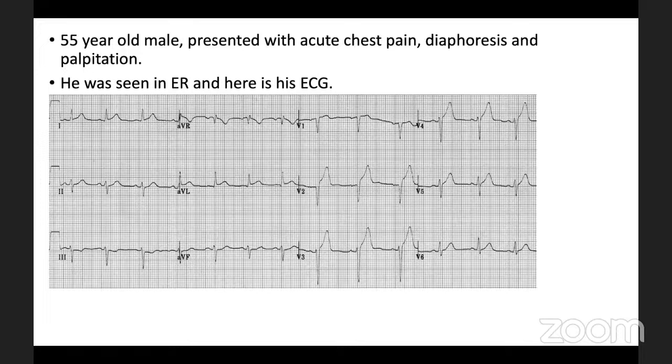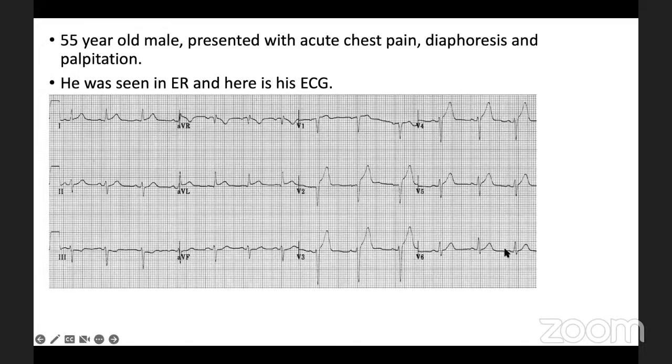Okay, so where exactly do you see the most significant ST elevation? From V4 to V6. Yes, but also aVR. Okay, so if I point here, do you see any ST elevation here in V6? There is ST elevation here, yes.